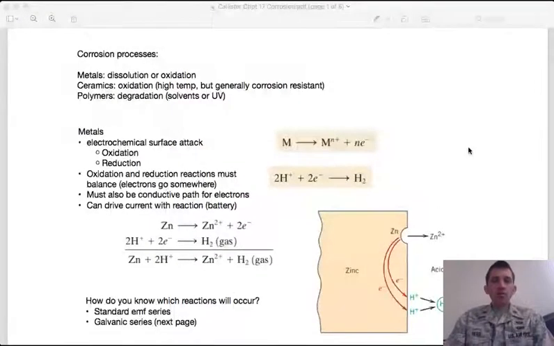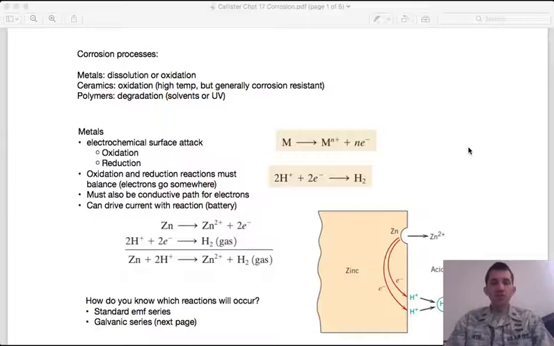So we've talked about so far the major classes of materials, metals, ceramics, and polymers, and also composites. And so we'll be covering corrosion processes or degradation processes for all of those classes of materials.